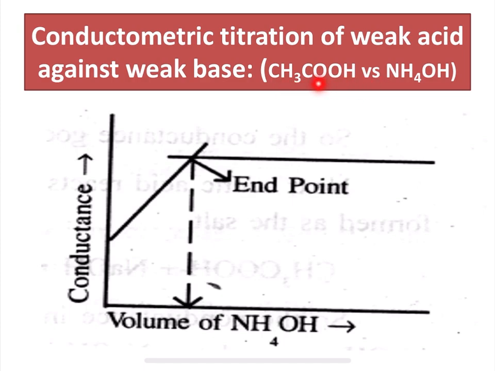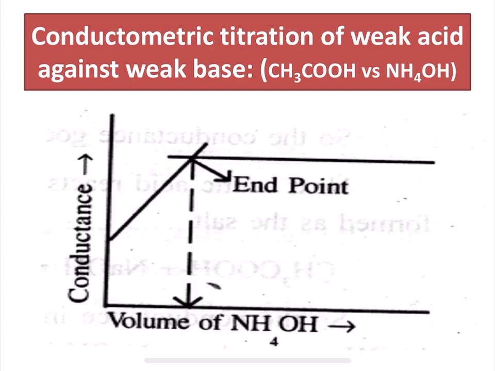Once all the acetic acid is converted into ammonium acetate, what happens if we continue the titration? The NH4OH, that is ammonium hydroxide, is going to accumulate. There is no acetic acid left to react with ammonium hydroxide, and since ammonium hydroxide is a weak electrolyte, the measured conductance practically remains constant.